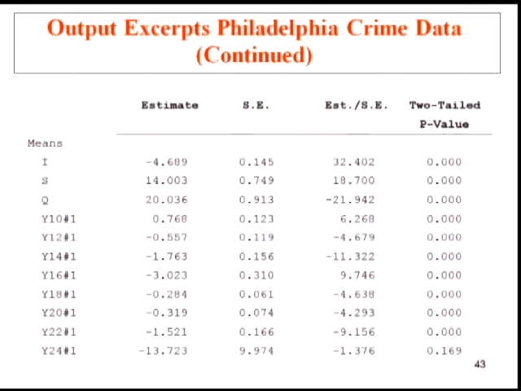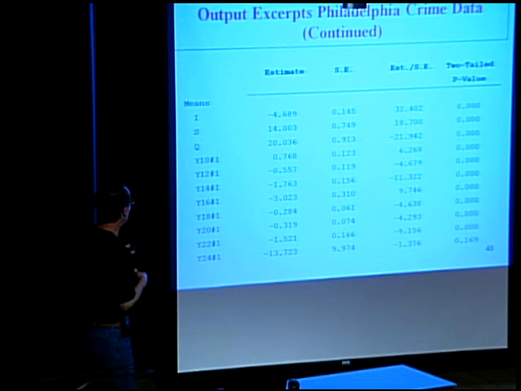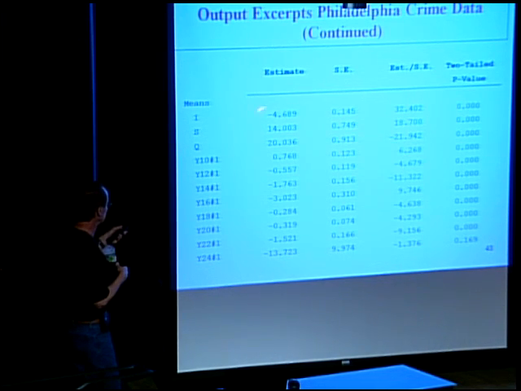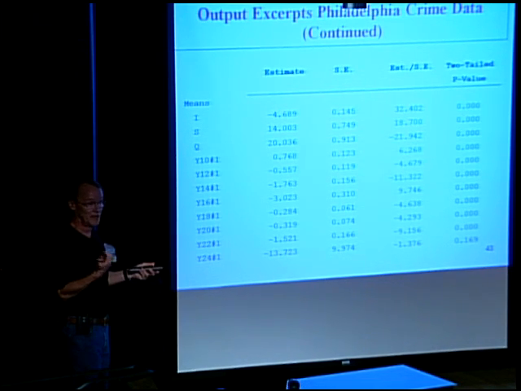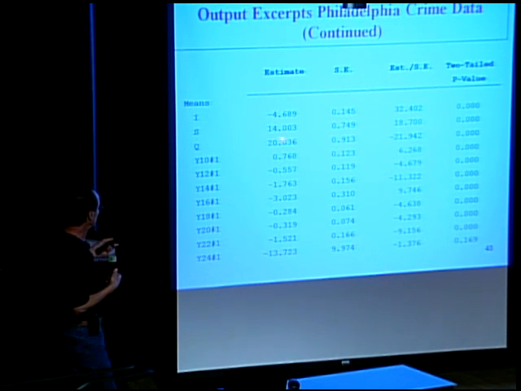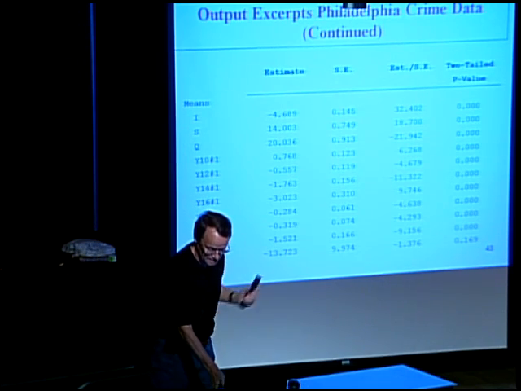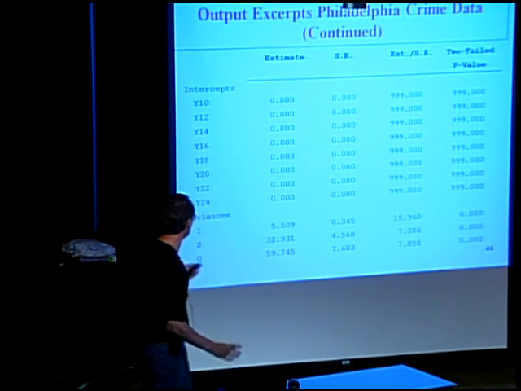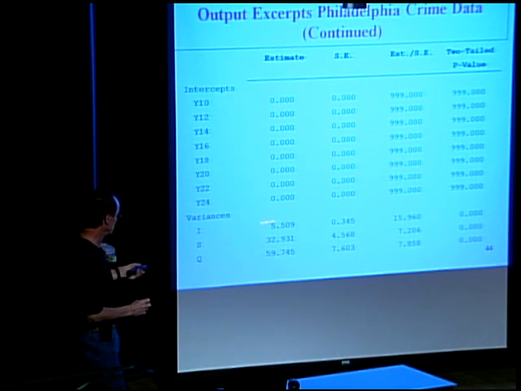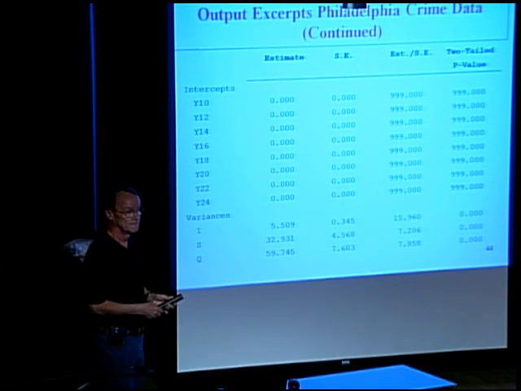So I don't look at these numbers very much. This number I certainly don't look at. I look at the plot that Mplus produces. I look at the significance of S and Q and the regressions on other variables, but the I I'm often very uninterested in, at least the mean. I am interested in the variance of I to know if there's heterogeneity at age 10 or not.